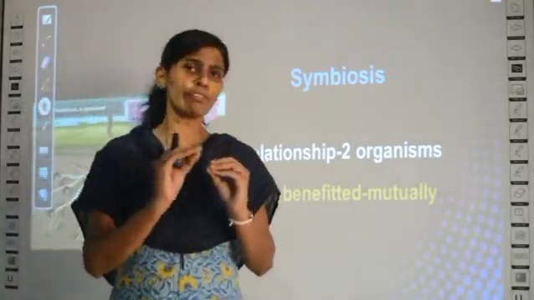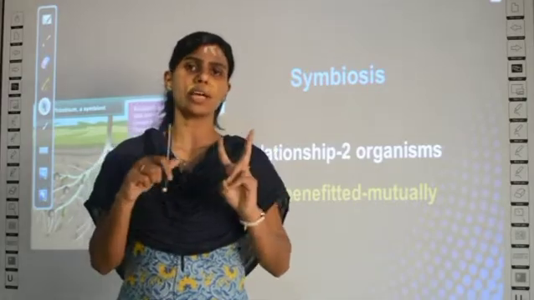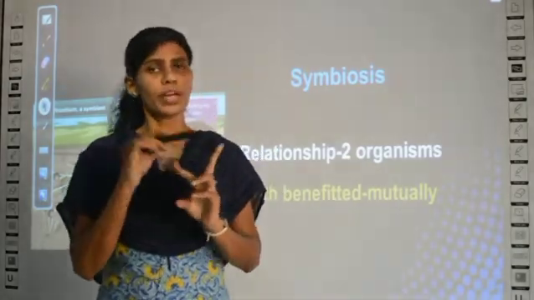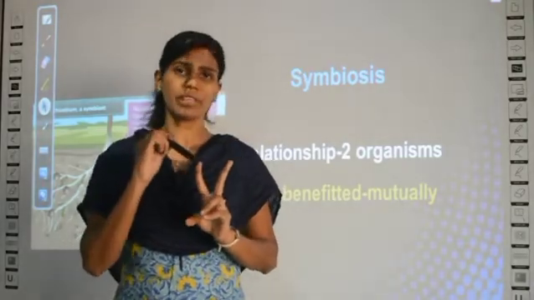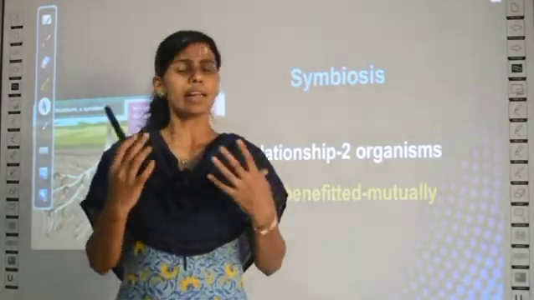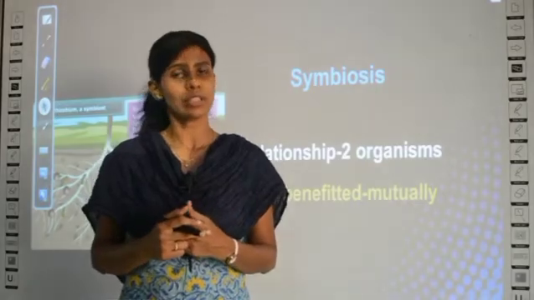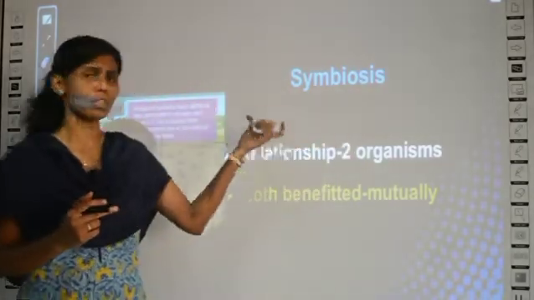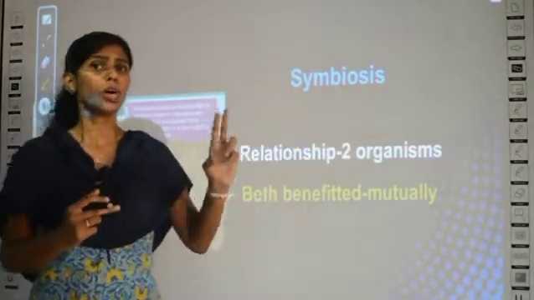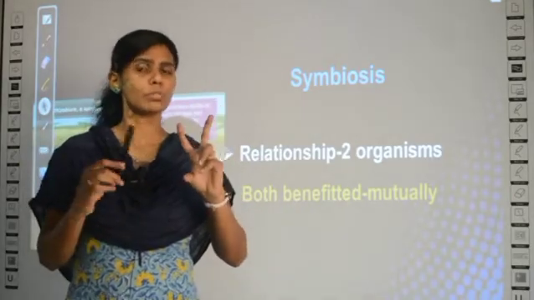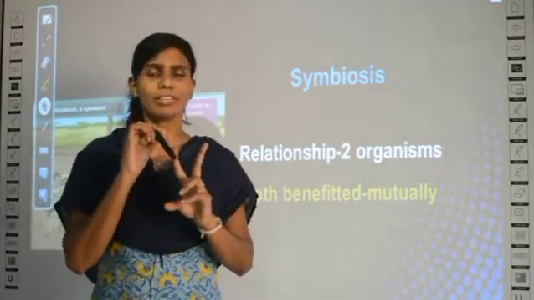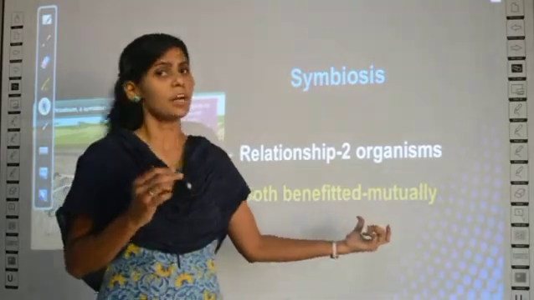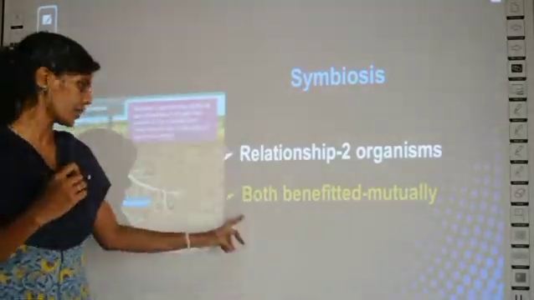If there is organism 1 and organism 2, if one is benefited from 2, 2 also should be benefited from 1, no? Only then the relationship will be a healthy relationship. So symbiosis involves at least 2 organisms where 1 is benefited from 2 and 2 is also benefited from 1. That is why the word mutual is given.